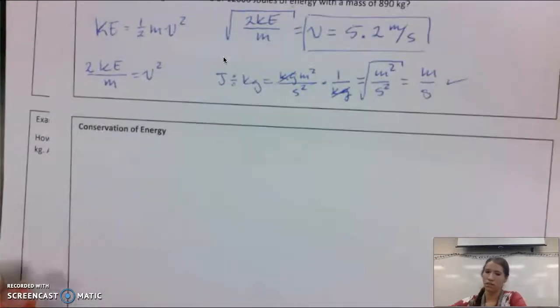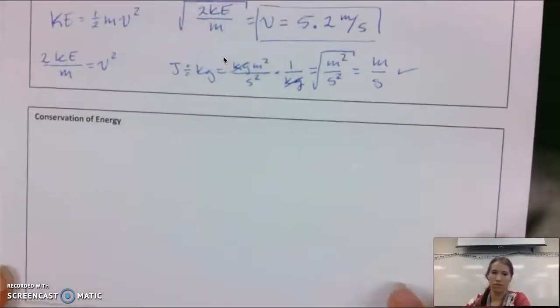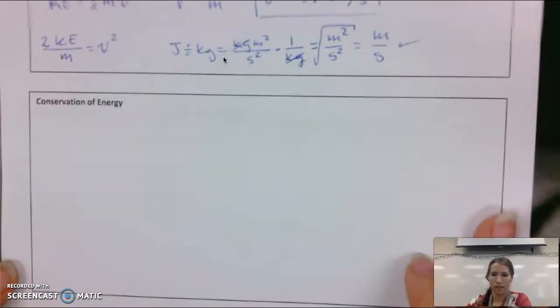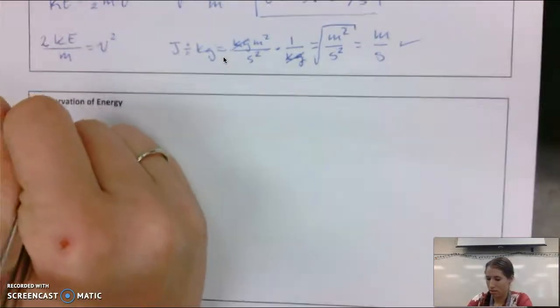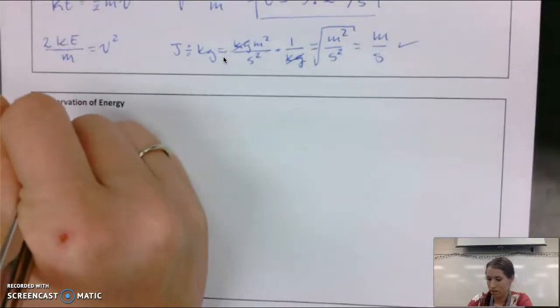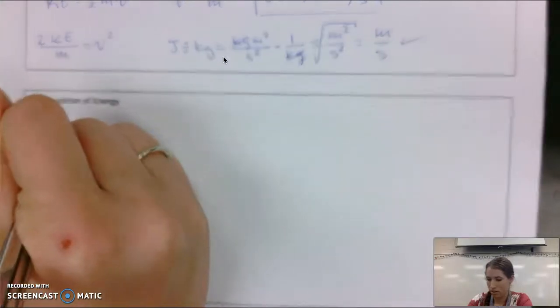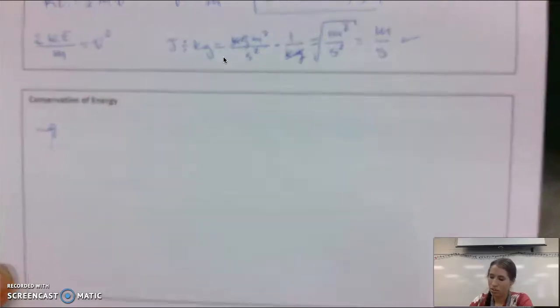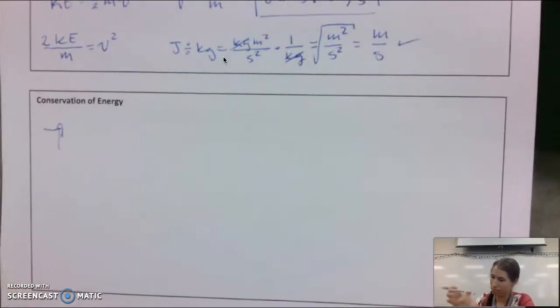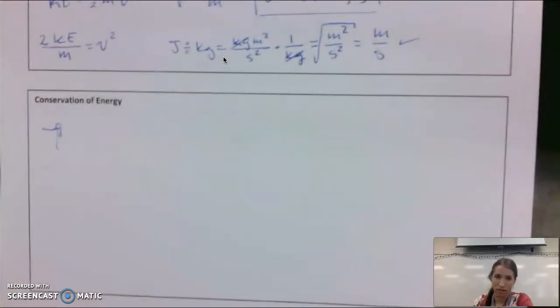So let's look at 2 different situations. Let's say that we have a ball on a table, right on the edge, and then it just rolls off, and eventually it's going to hit the ground. Initially the ball is just barely leaving the table, and then the final condition is that it hits the ground.